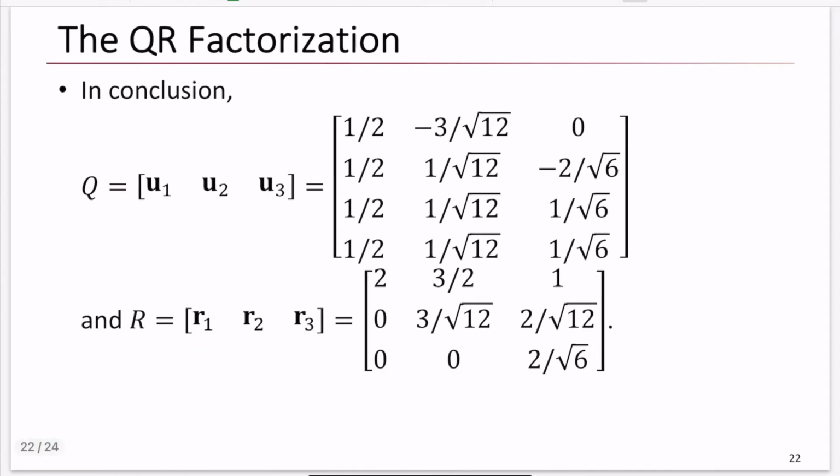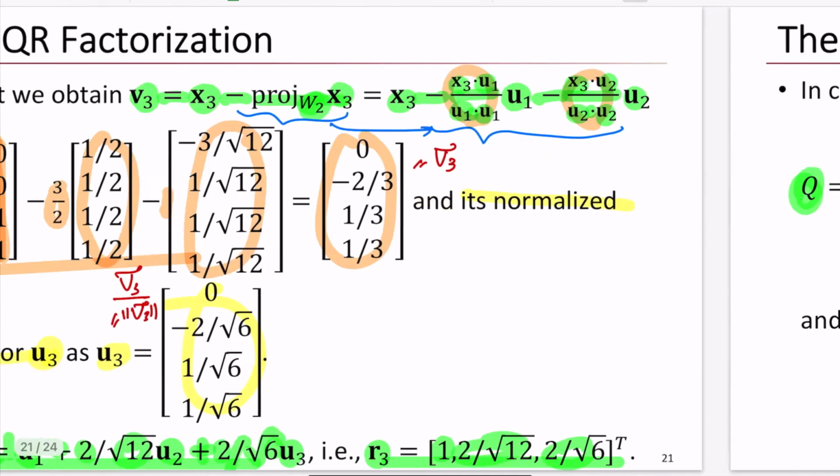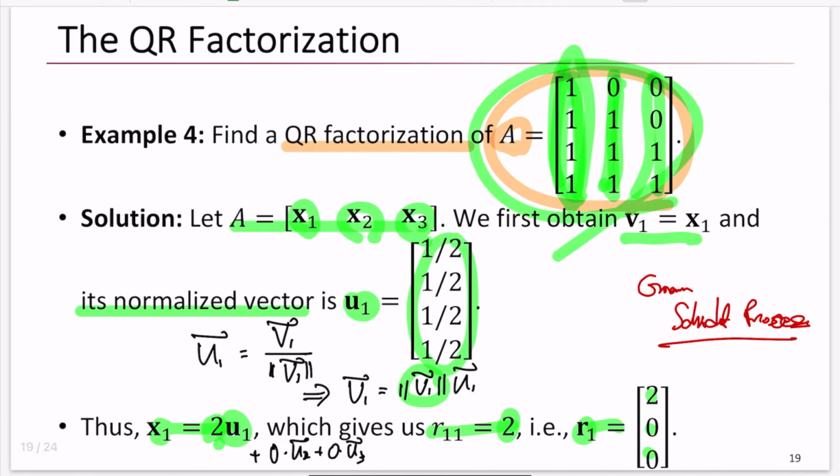So from here we already computed Q as u1, u2, and u3, which looks like this. Then matrix R consists of the vectors r1, r2 and r3, which were defined here and here. This is a QR factorization of the original matrix, this one.